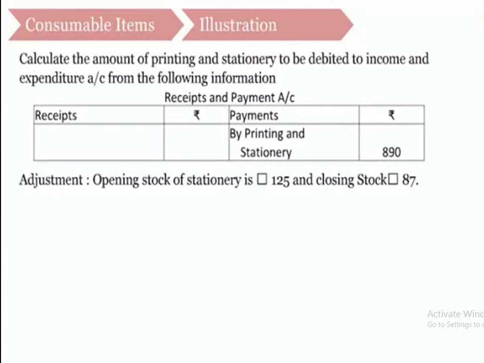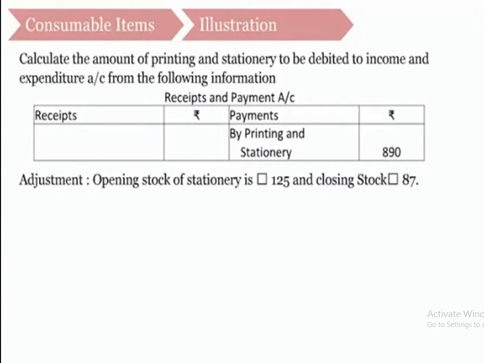A receipts and payment account is given to you. On the payment side, you can see printing and stationery. The printing and stationery amount is 890.